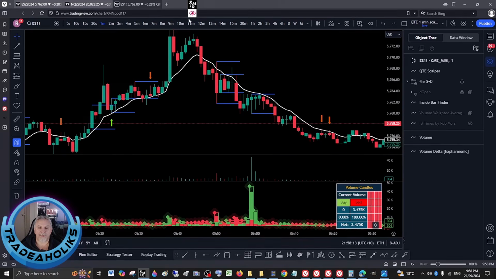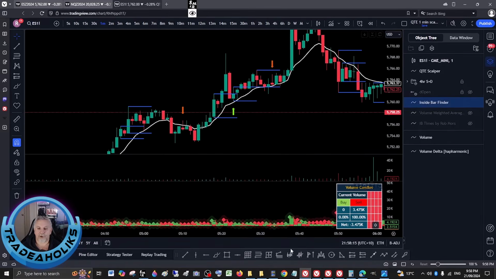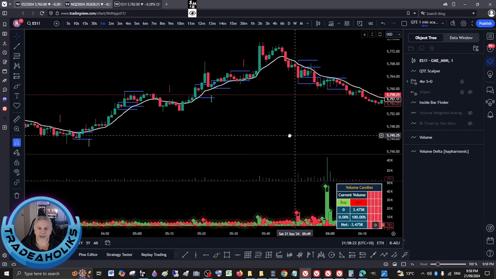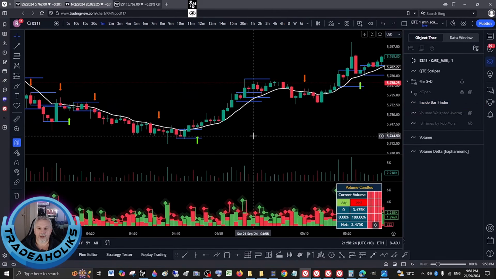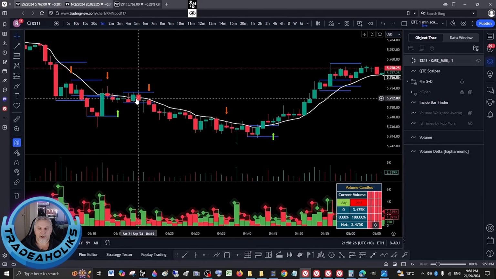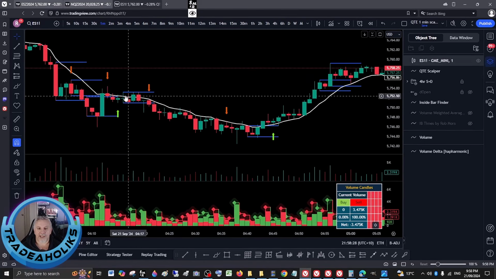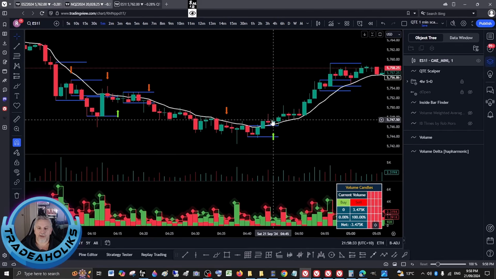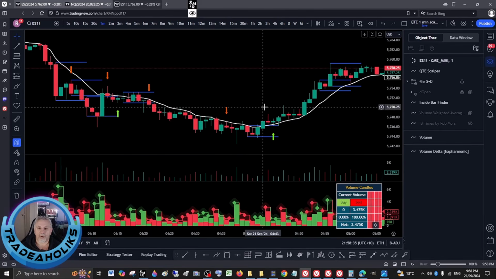So let's say we're moving along here. Let me put this on this automatic thing that's driving me crazy. Okay, so for argument's sake, when you're on top of the 10 EMA, you want to wait for it to shift. In this case, we've been going down. Once you get a shift where the candles are on top, what you want to look for, in this case for a long, is a red candle.